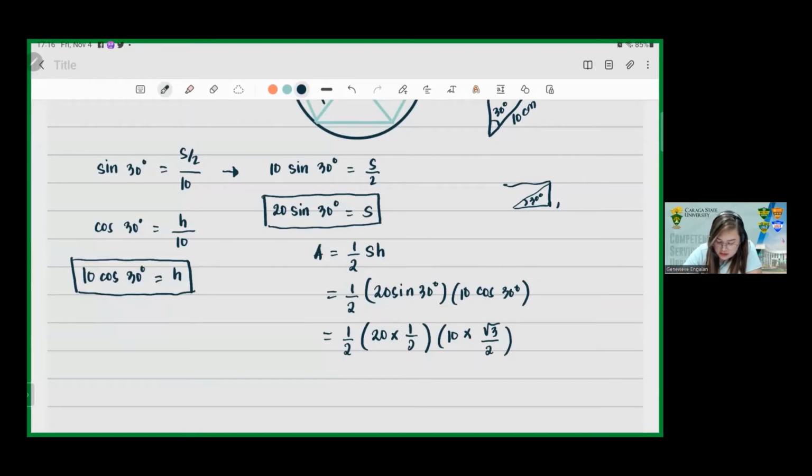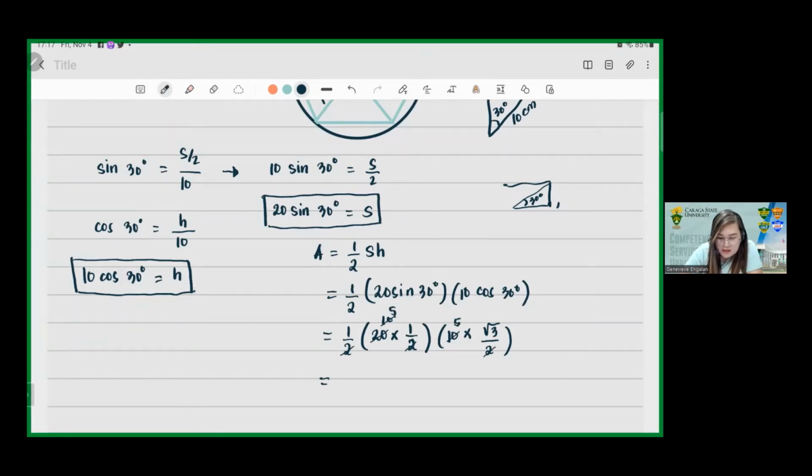So, you have 20 times 10. Or pwede po dato na i-cancel. 2, mahimo na siyang 10. Nya, kining cancel po nato si 10, mahimong 5. Tapos kini po, mahimo ni siyang 5.